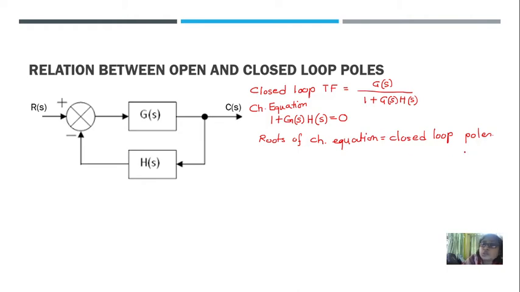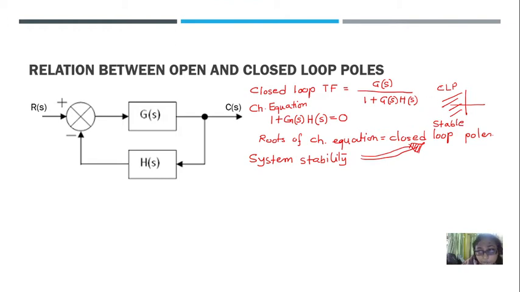Now, this is the closed loop pole, and we know that the system stability is dependent on the closed loop poles of the system. If the closed loop poles are in the left half of the S-plane, the system is stable. Otherwise, the system is unstable. This part we all know.